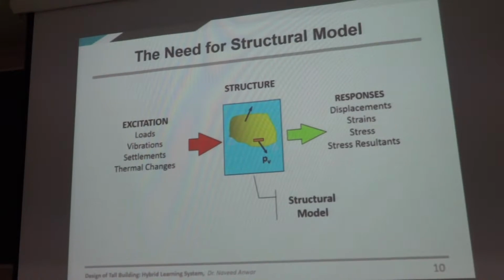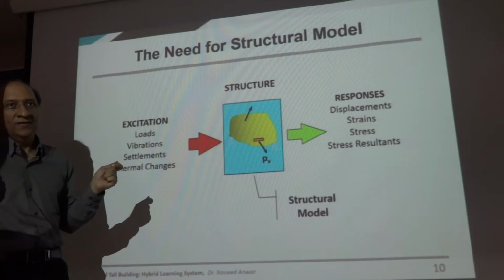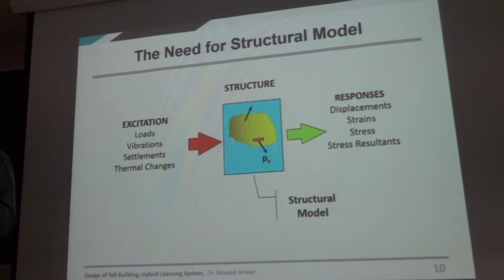You may get from your analysis or SAP or whatever 10 digits of accuracy. It means nothing if your model is not right. So accuracy and correctness are two different things. Your analysis may be very accurate, but it may not be correct.